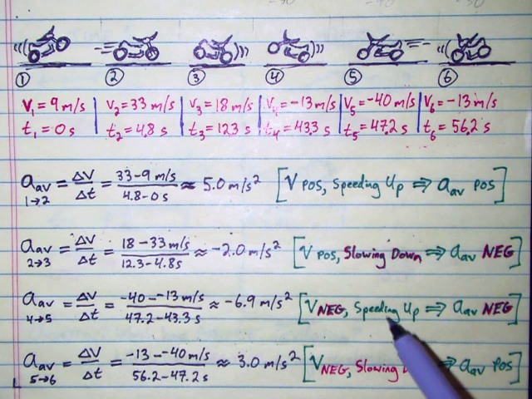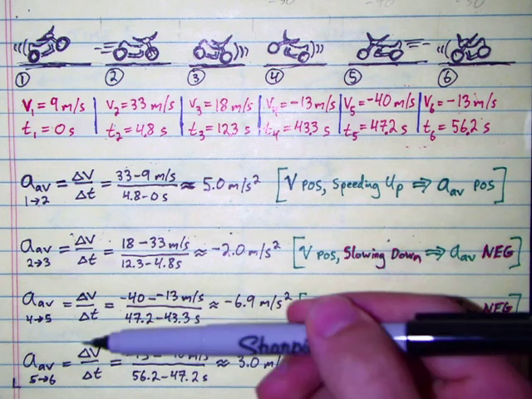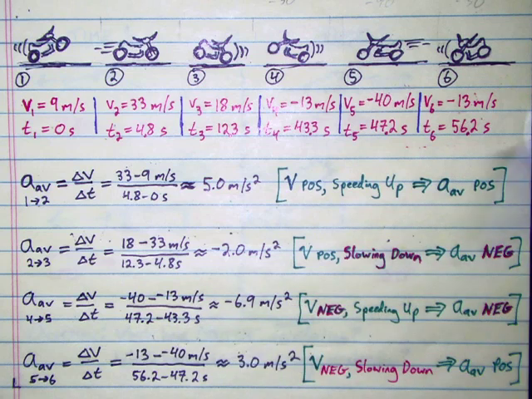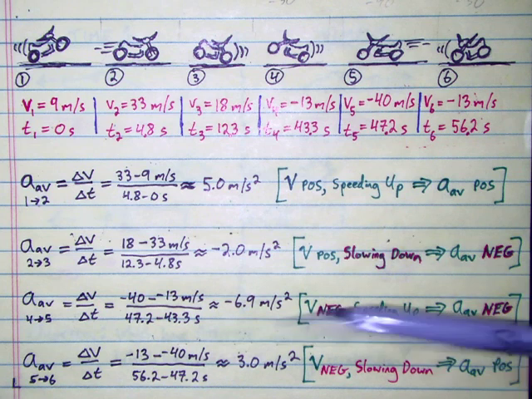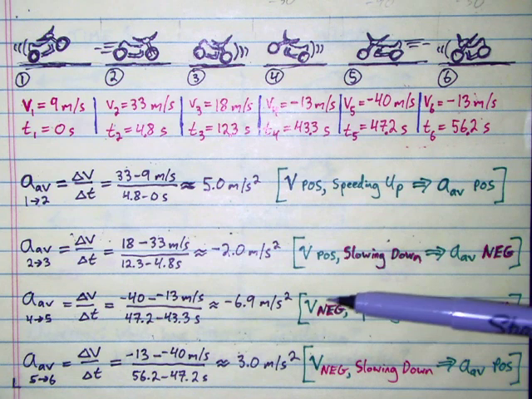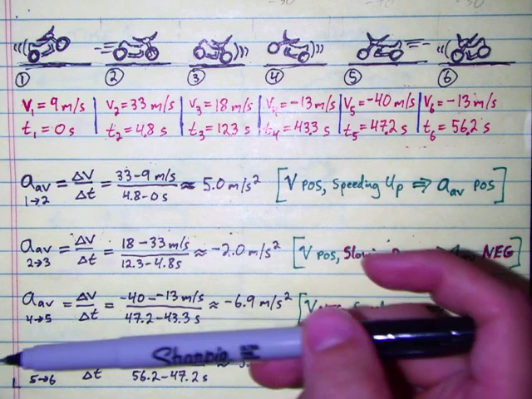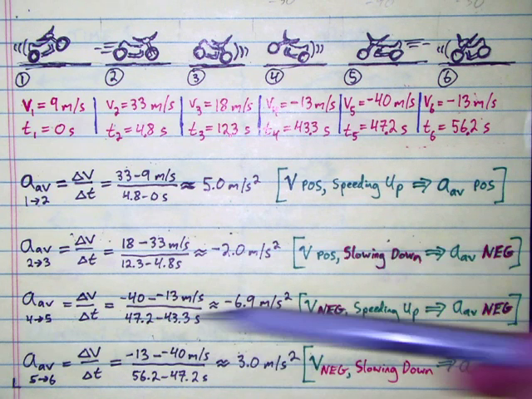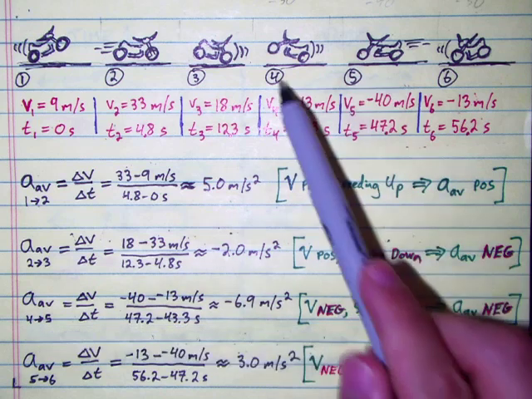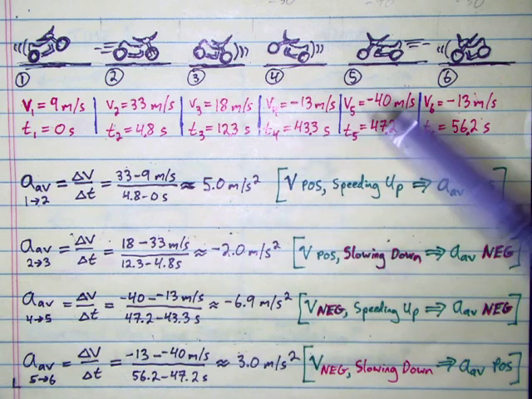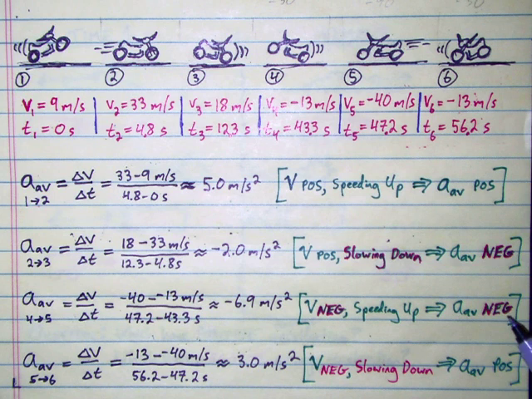He was moving faster and faster in the negative x direction. That means he has a negative acceleration. His negative velocity was increasing. His velocity was getting more and more negative from this event to this event. Many ways to phrase that. It's a negative average acceleration.